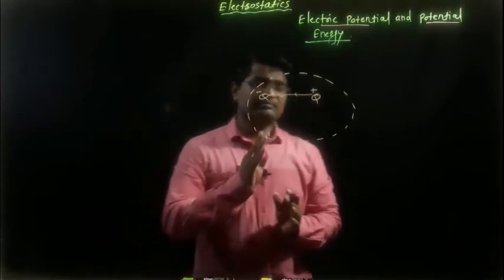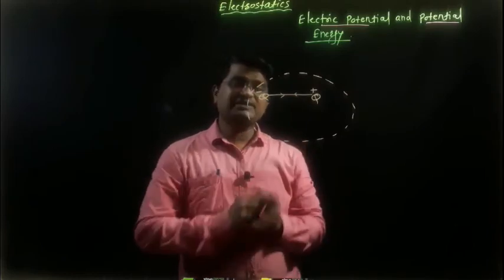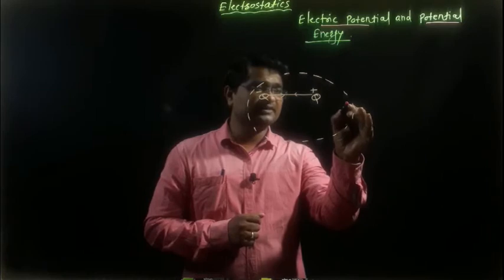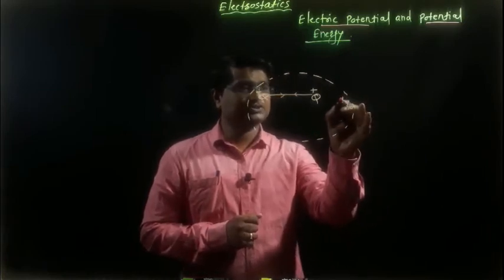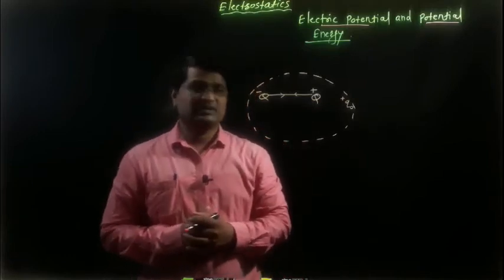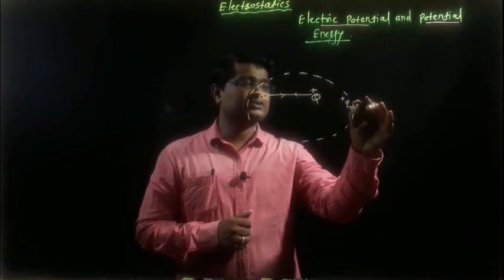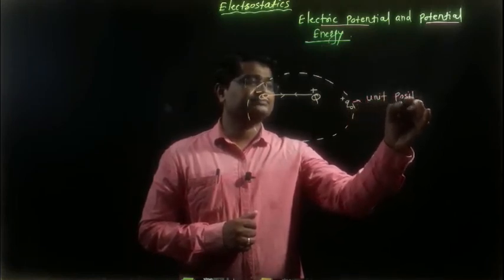Imagine this is a system, and in this system we consider any one charge, q naught. This is also a positive charge, but it is denoted by q naught, the unit positive charge.